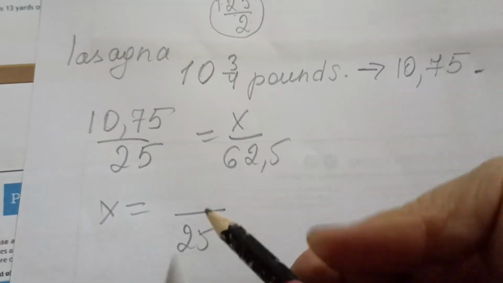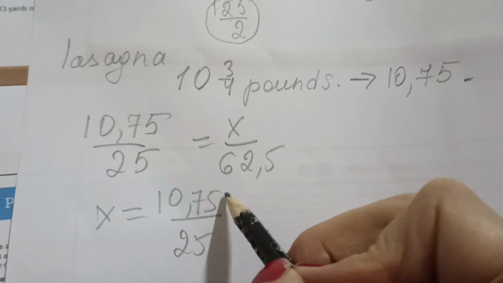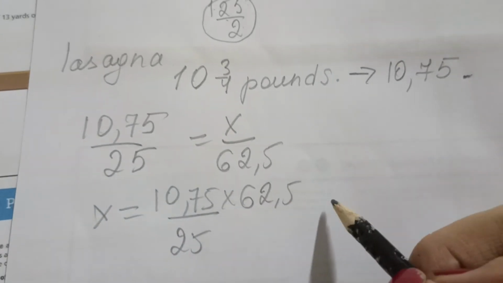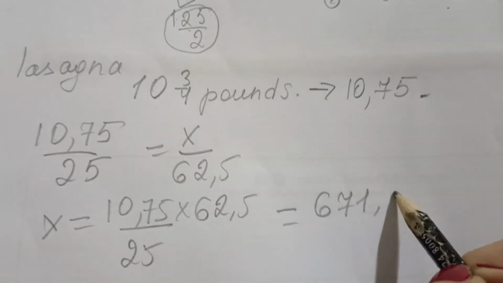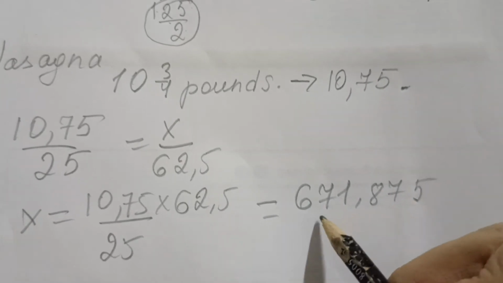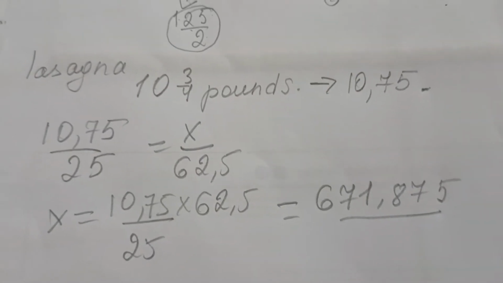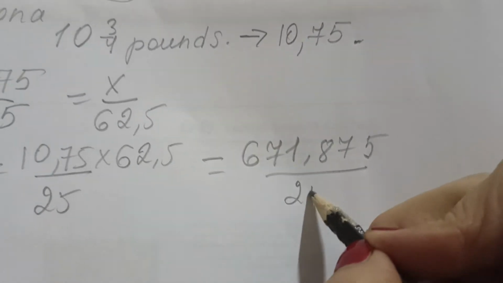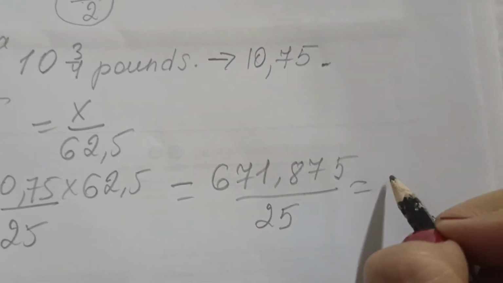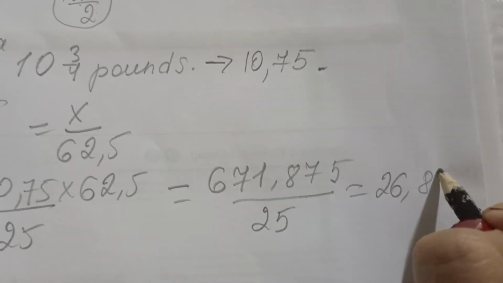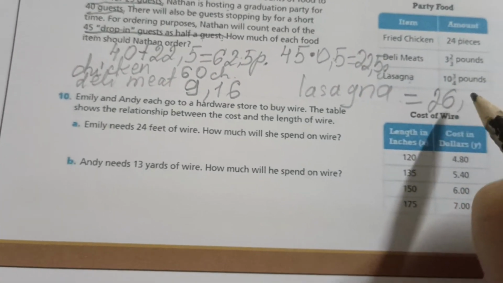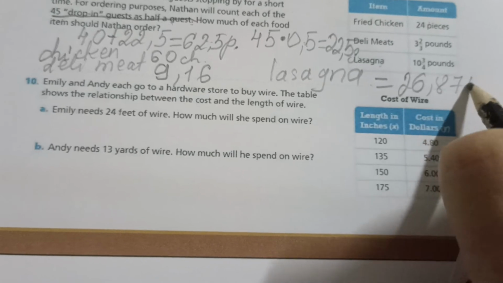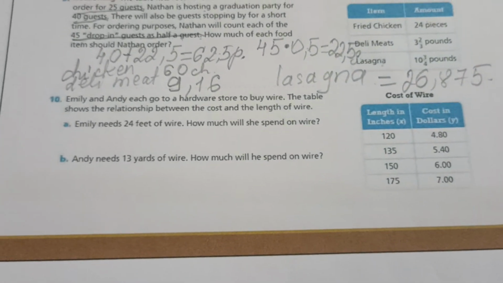Again, 25 goes down. 10.75 you multiply by 62.5. When you multiply, it's going to be that big number. I'm lazy to pronounce it, okay? So you just write it. You divide into 25, and you will get that number, 26.875 pounds, okay? So this is our answer, that lasagna is going to be 26.875. Okay, here it was a lot of calculation, just a lot of.